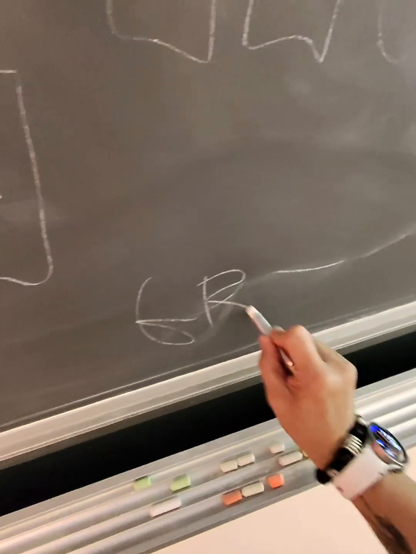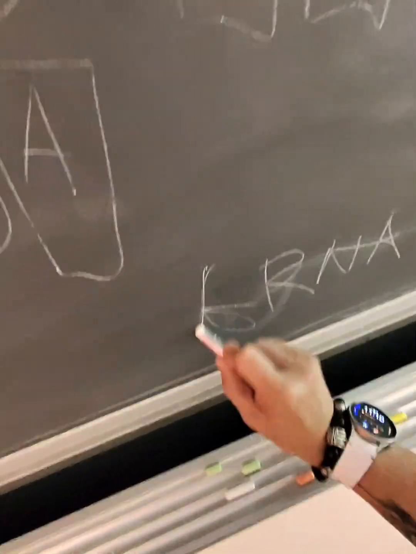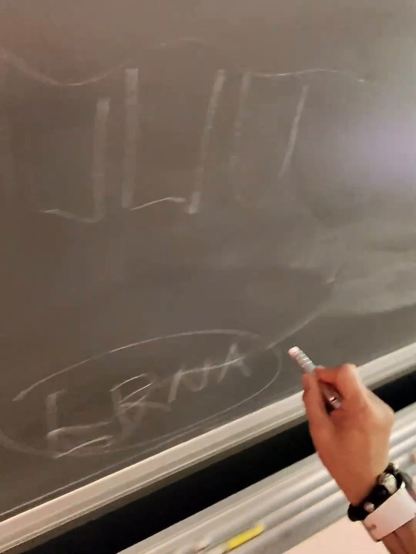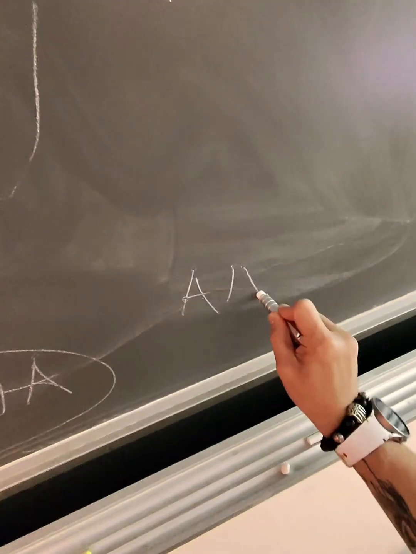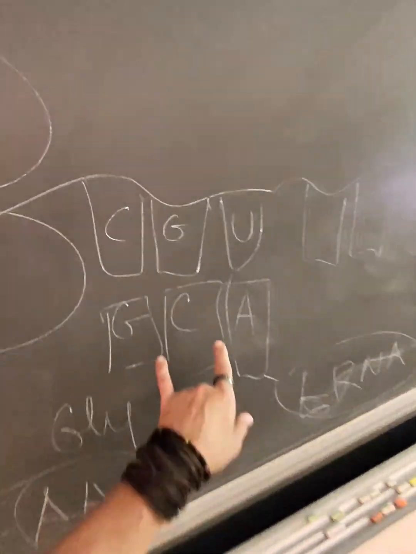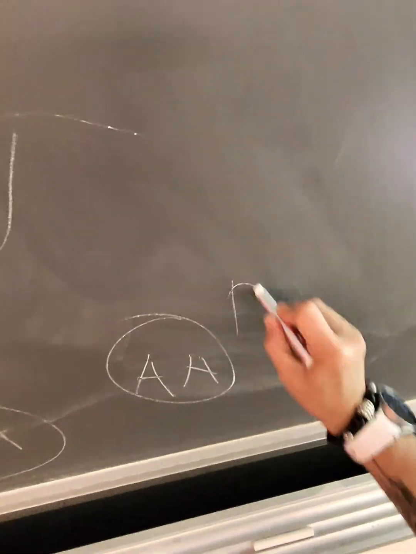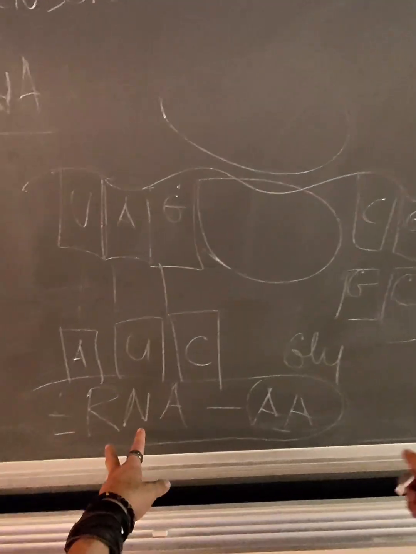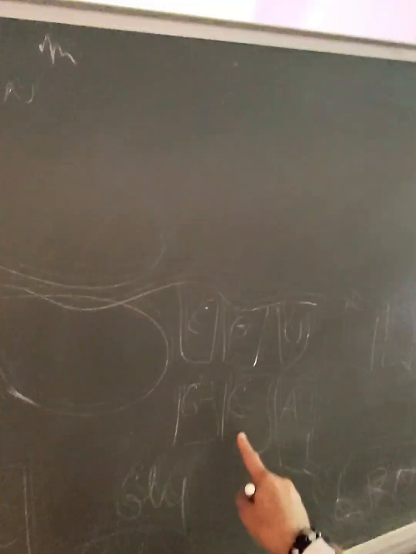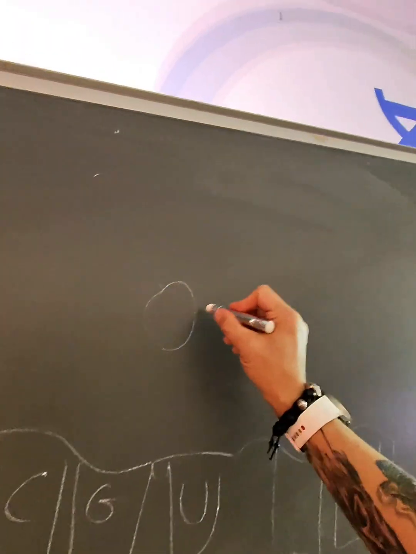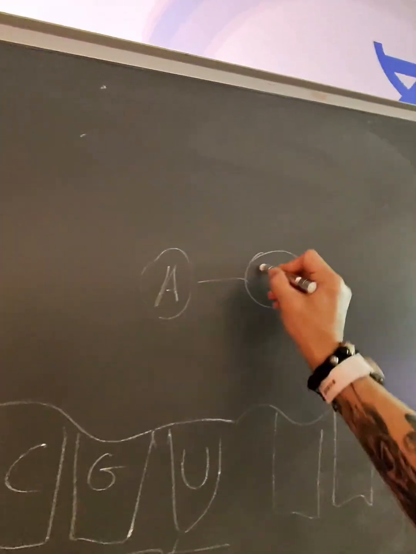Another RNA brings an amino acid. Let's say these nucleotides represent the amino acid phenylalanine, right? So you have one amino acid, another amino acid, one amino acid, another amino acid.